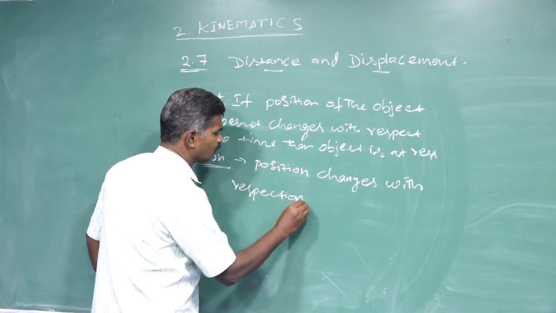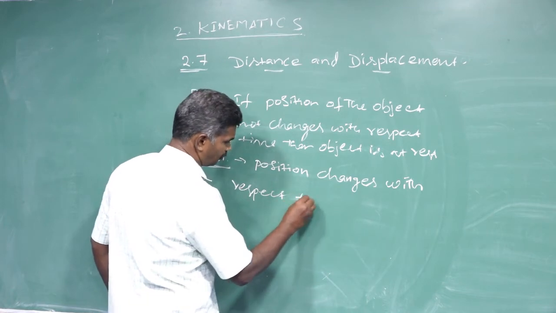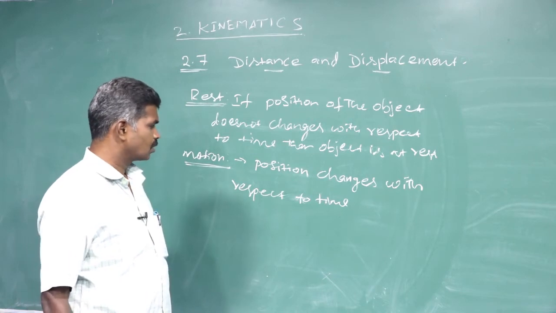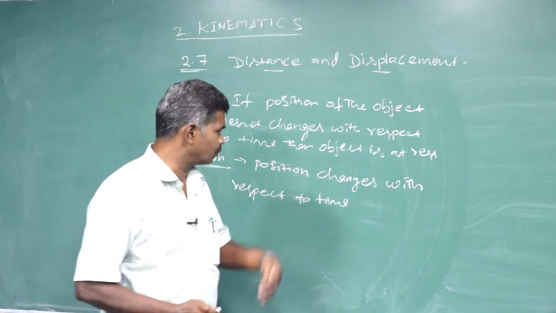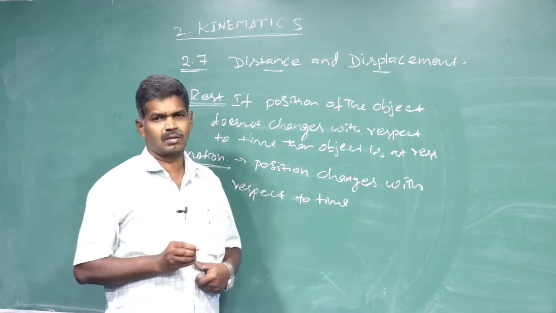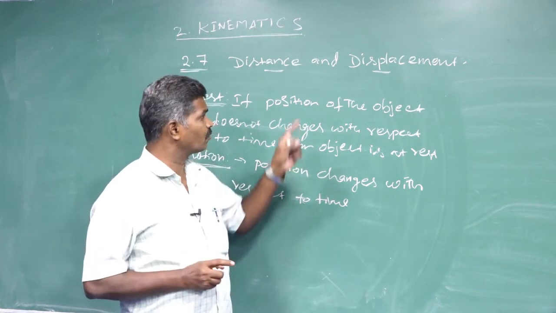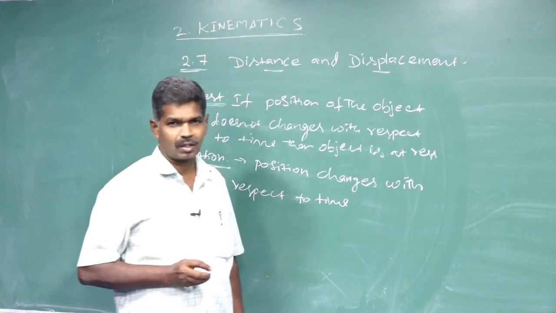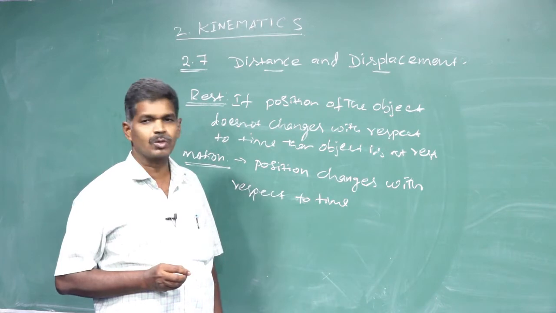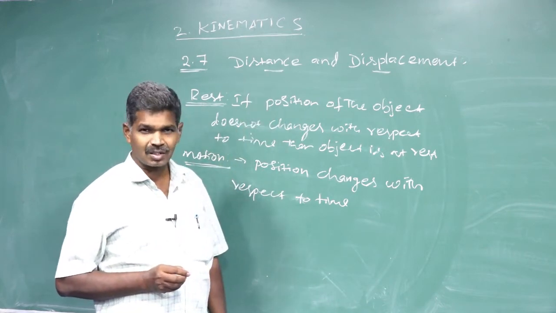When the position changes with respect to time, the particle or object is in motion, and then the object makes a distance traveled, and there we also have a displacement quantity. Distance as well as displacement we are going to see. First we will see the distance traveled.